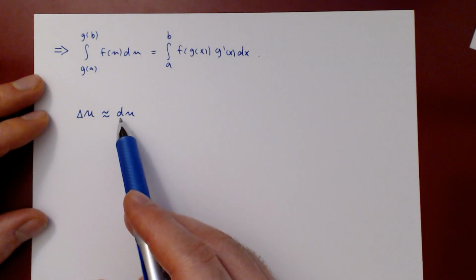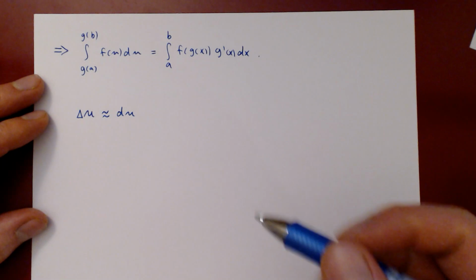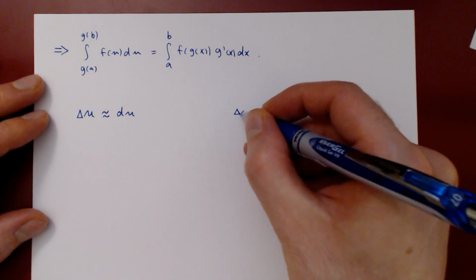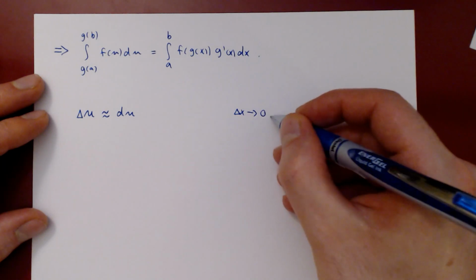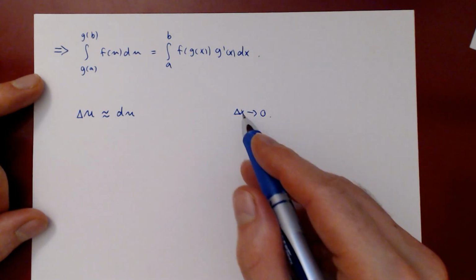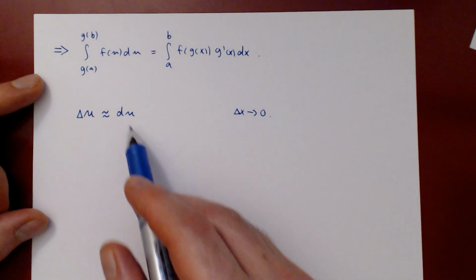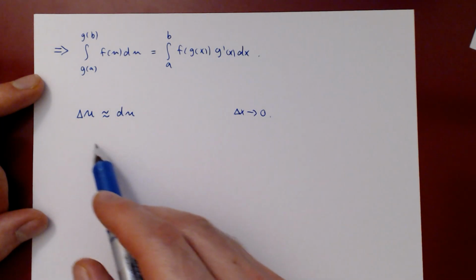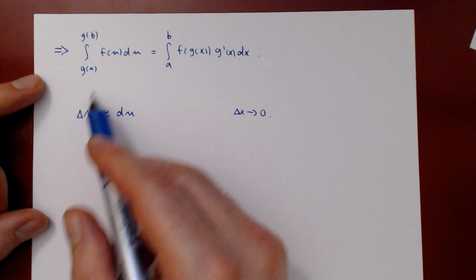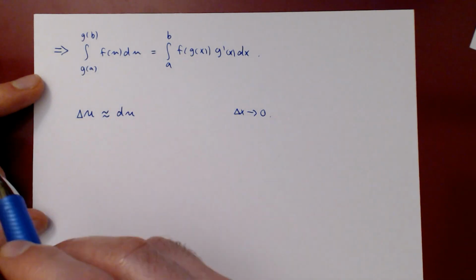And again, we know that as the initial intervals of the original partition tend to 0 in size, the smaller delta x is, the closer du, the differential, is to delta u, the exact length of the new intervals in the second case.